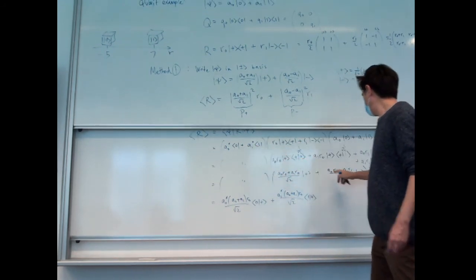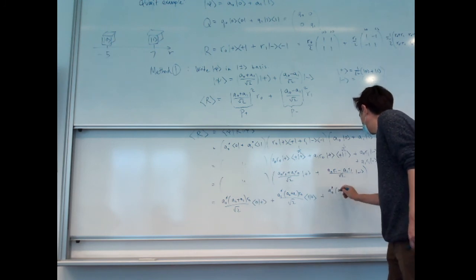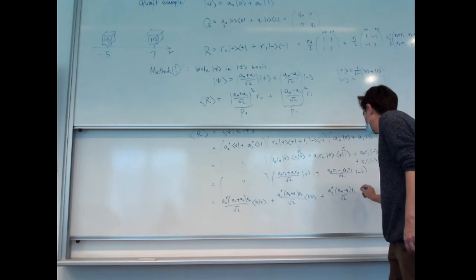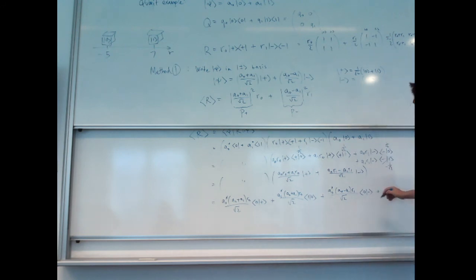Then this one and this one: A0 star, let's factorize this one, R1, 0 and minus, A1 star of A0, 1. Oh, wait a minute. Oh yeah, that's right. 1 minus.